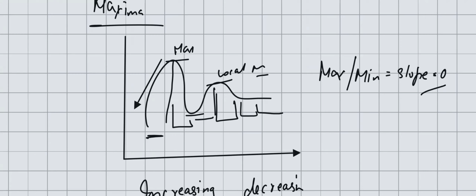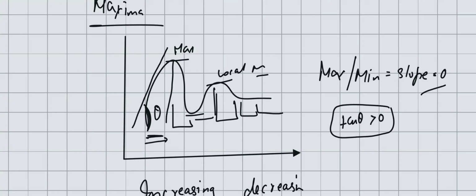If you see carefully, if I go from here to here, my value has increased. And if I calculate the slope, you can see I'm getting a positive theta. It means my tan theta is positive. What does this mean? Increasing value of the curve, an increasing curve.